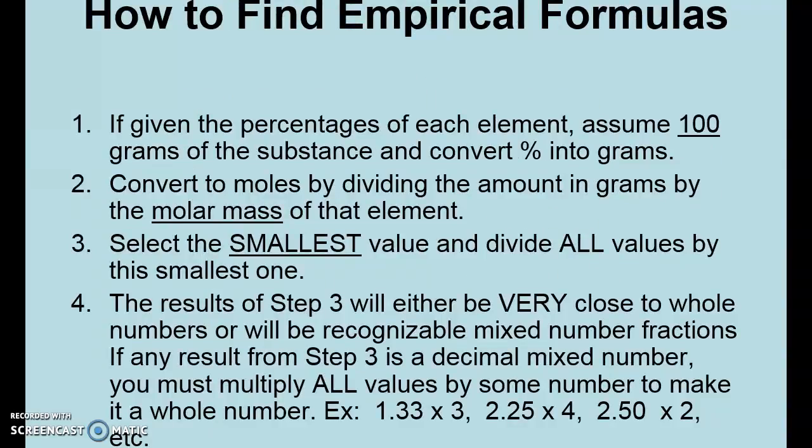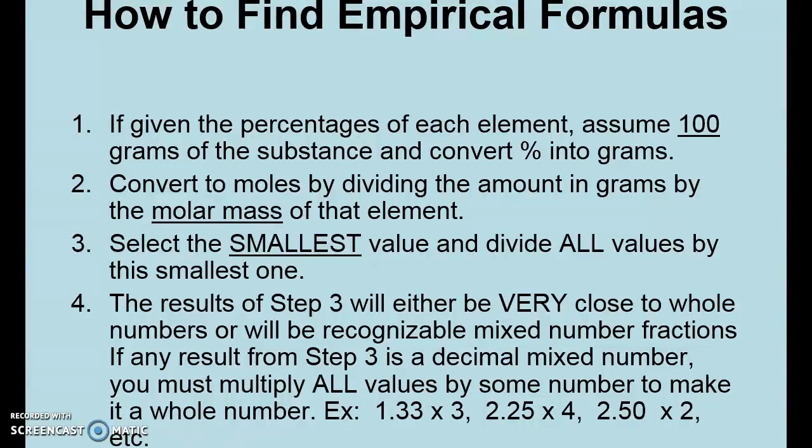So in the empirical formula, if you are given the percentages of each element, you can assume that it's 100 grams and convert the percents to mass. Then you change from mass to moles by dividing by the molar mass. Then you select the smallest answer of moles and divide through all by the smallest one.